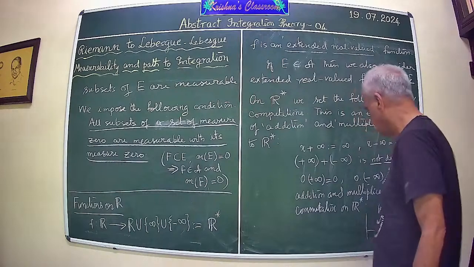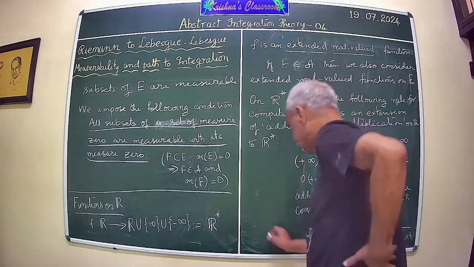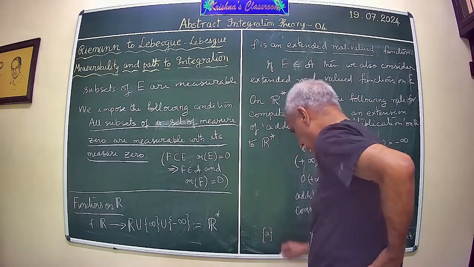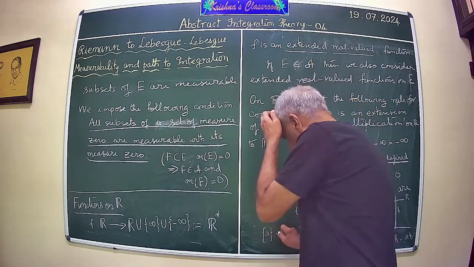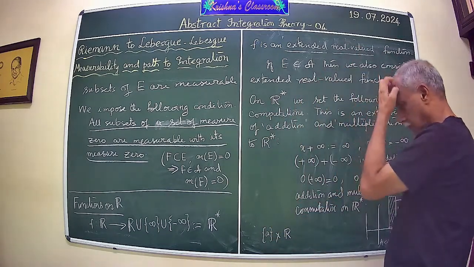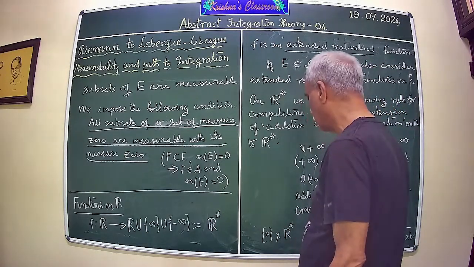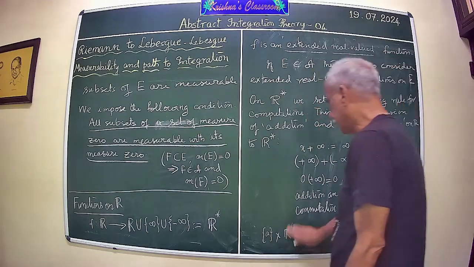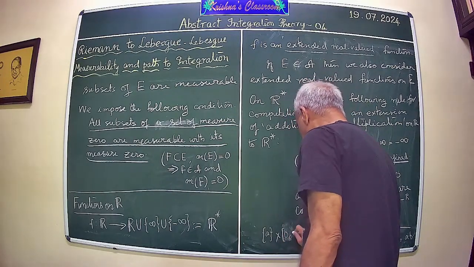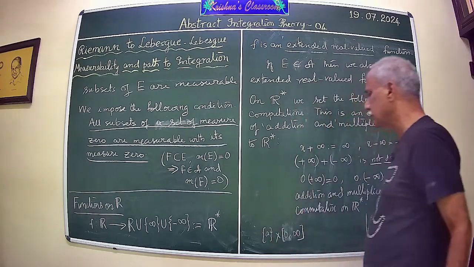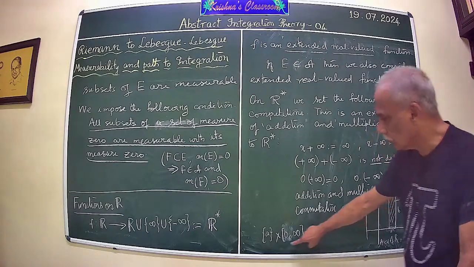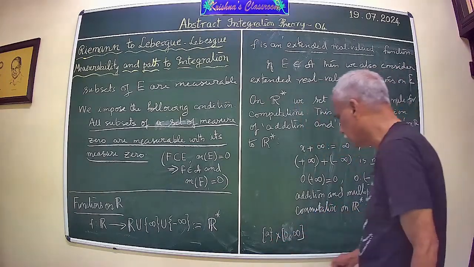But now suppose you have the set A cross R star, infinity included. Now you see, the length of this is infinity and the measure of A is 0.